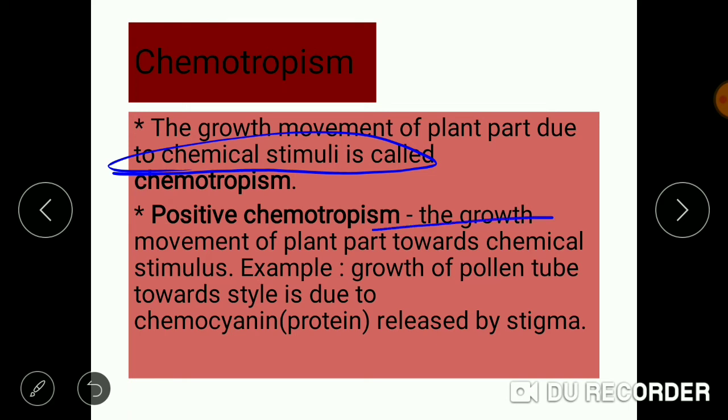The growth movement of plant parts towards a chemical substance is called positive chemotropism. A very good example is the growth of the pollen tube towards the style, towards the egg part of the ovary.